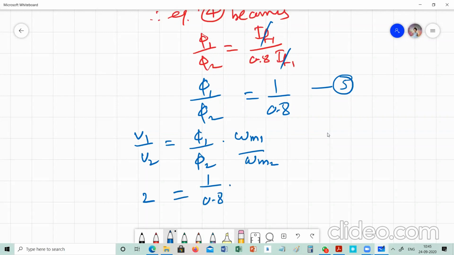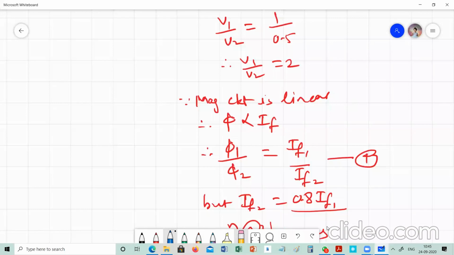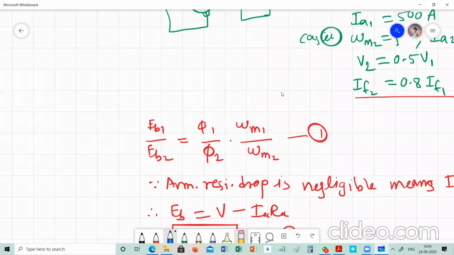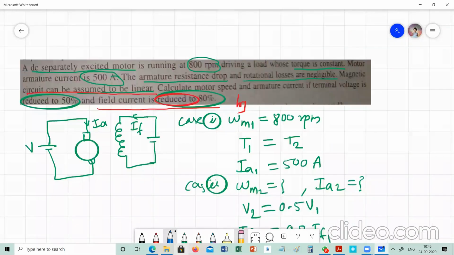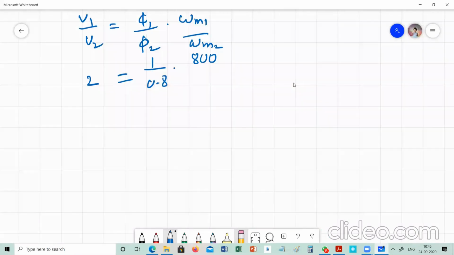Omega m1 they have given equal to 800 rpm, divided by omega m2. We have to calculate omega m2.